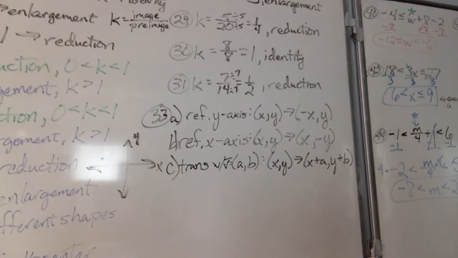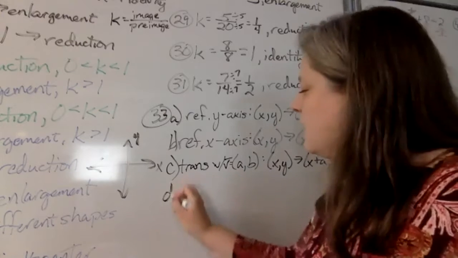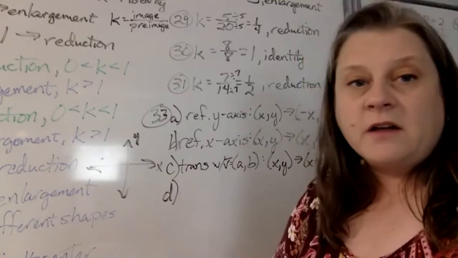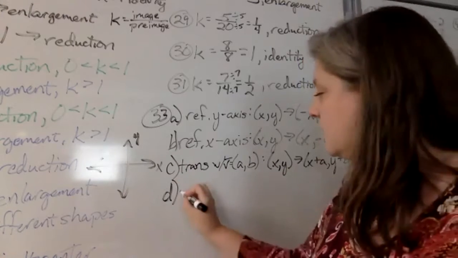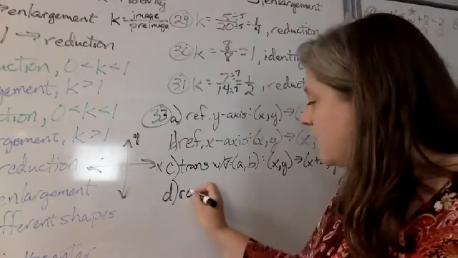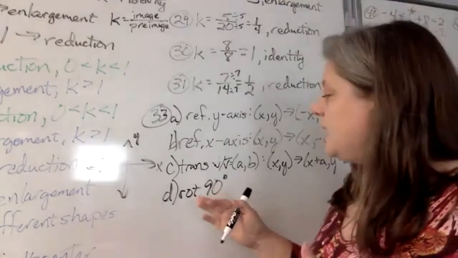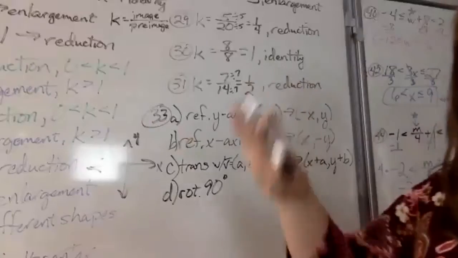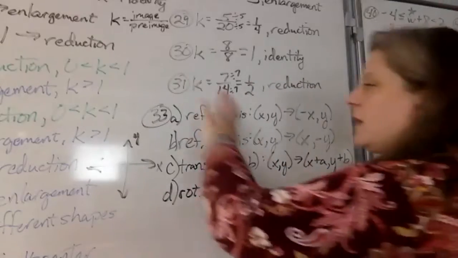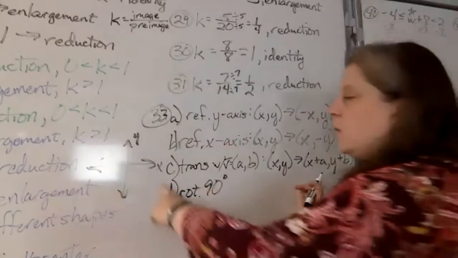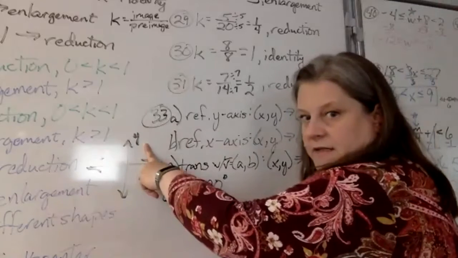The next one was a rotation of 90 degrees. Now, if it's a positive number for your rotation, then that means it's going counterclockwise, because that's the way we count on our coordinate plane. Quadrant 1, everything is positive.